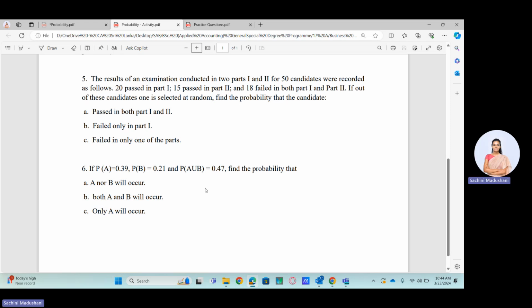Total number of candidates is 50. So the probability is 20 over 50. Then we can get the probability of B, the probability of candidates who passed in part 2. 15 passed in part 2, and total candidates are 50.